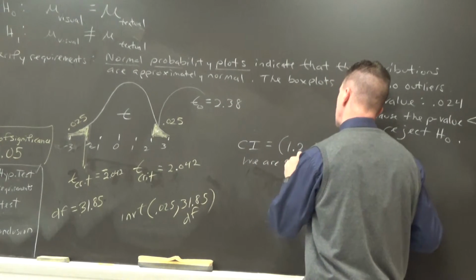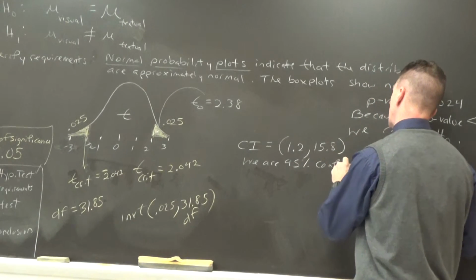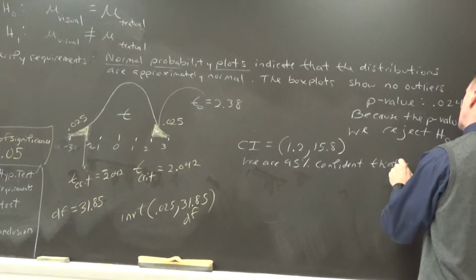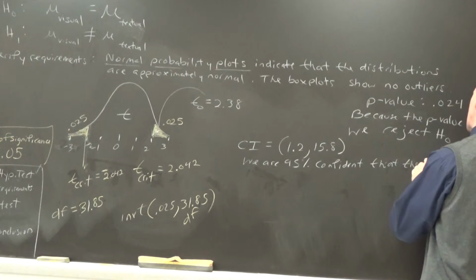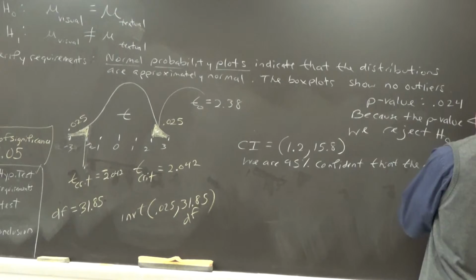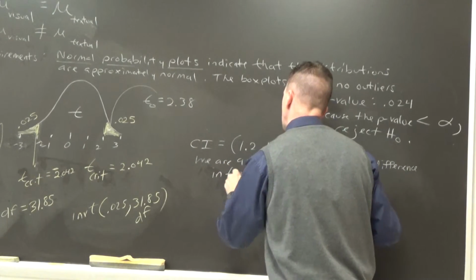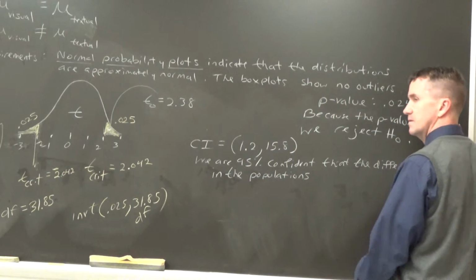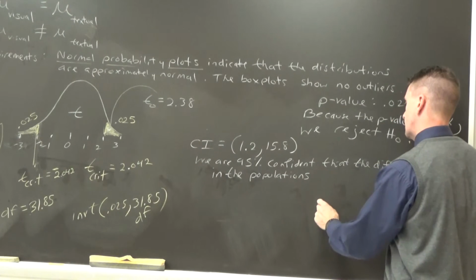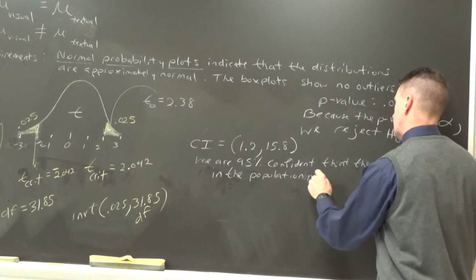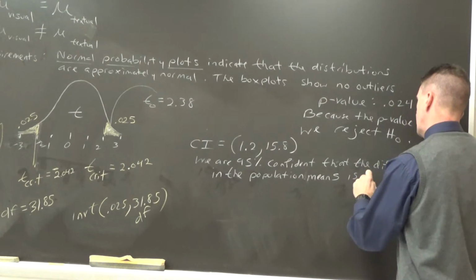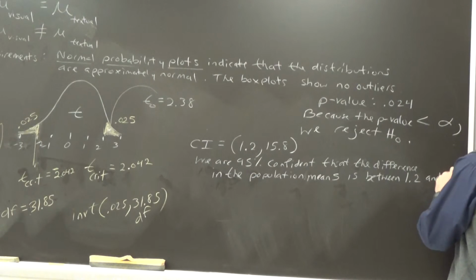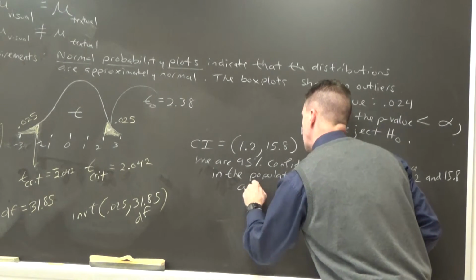We are 95% confident that the difference in the population means is between 1.2 and what? 15.8, and I want to emphasize, it does not include what number? 0.